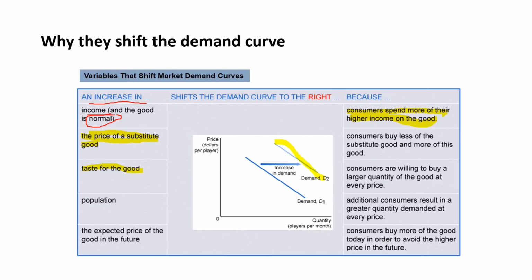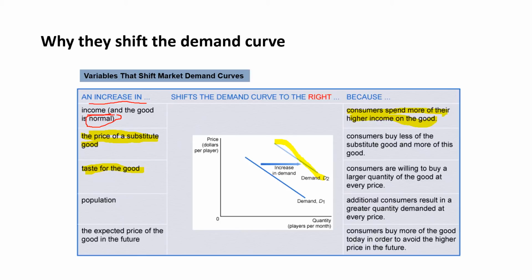Taste of the goods. When they start to prefer certain goods, there is an increase in taste for the goods. Consumers are willing to buy a larger quantity of the goods at every price. The population as well: if there is an increase in population, additional consumers result in a greater quantity demanded at every price.